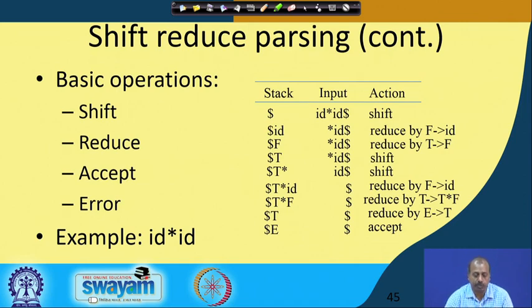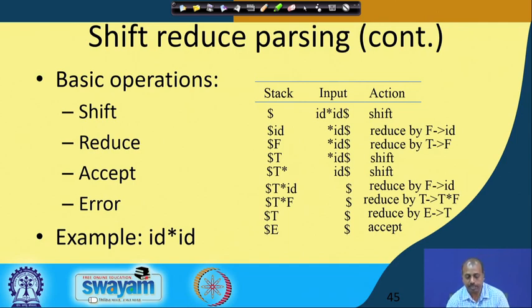If you are in a state where the parser does not know what to do, the parsing table or the parsing policy does not tell clearly what to do, that is an error operation. So, you can have some error message flashed, or you can take some error recovery measure, so that the parser can continue parsing while reporting the error.